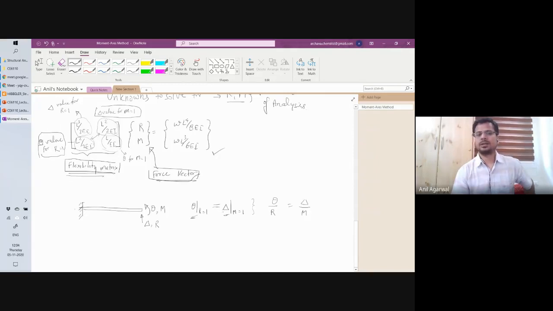These are not theta and deltas, because when I am saying R is equal to 1 and M is equal to 1, automatically I am saying it is theta for a unit R, delta for a unit M. And now these are dimensionally correct, because anyway we are going to multiply these values with R and M respectively before we equate them. It is radians per kilonewton, and this is basically meter per kilonewton meter.